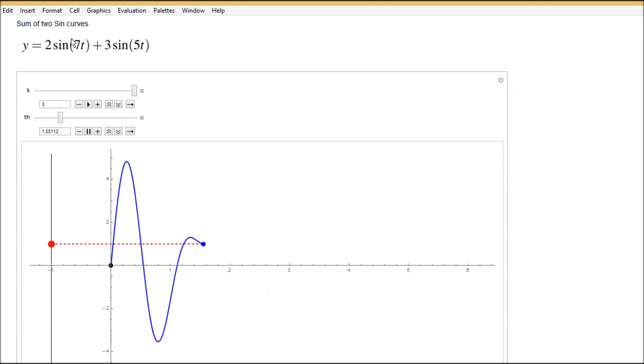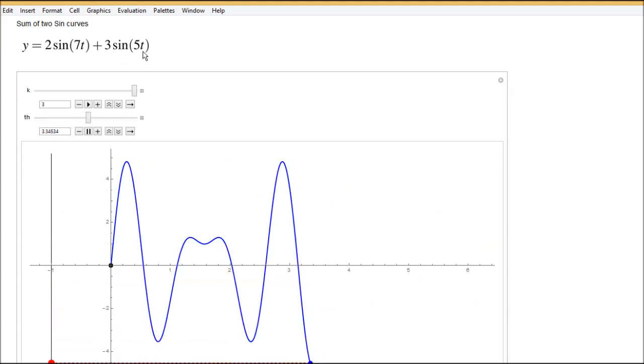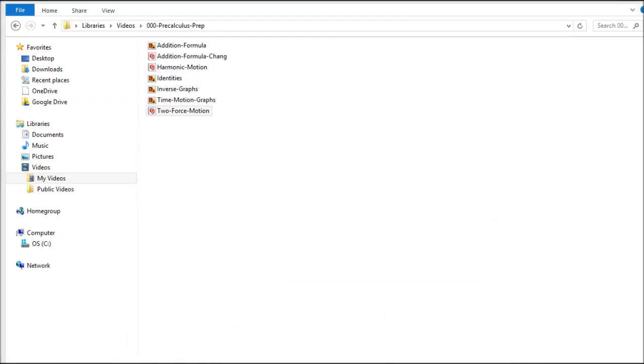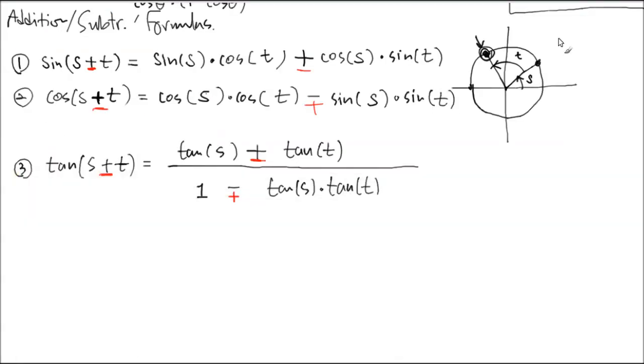And so we're going to decompose it into two different pure waves, simple harmonic motion. And to do that, what are we going to use, you think? Addition and subtraction formula. We're going to just combine and juggle that to figure out which pure waves are involved in this more complicated motion. So that's another application of this addition formula.